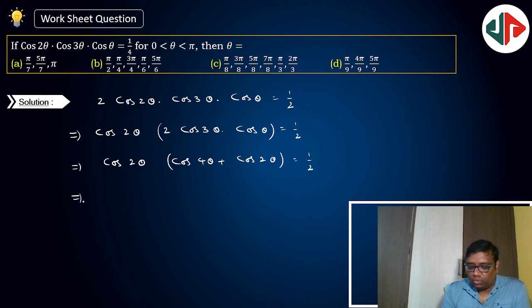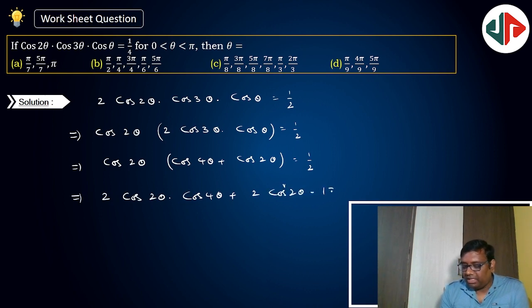Multiply again by 2: 2 times cos 2 theta into cos 4 theta plus 2 times cos square of 2 theta minus 1 is equal to 0. First I am multiplying by 2 on both sides and applying the distributive property, and the plus 1 on the RHS, if you send it to the LHS, becomes minus 1.